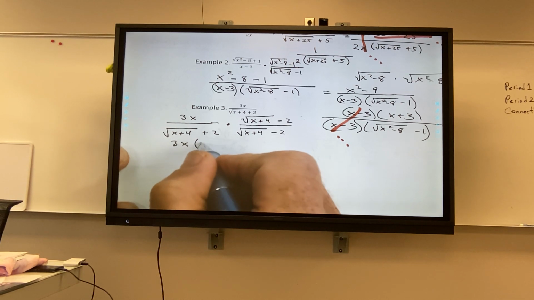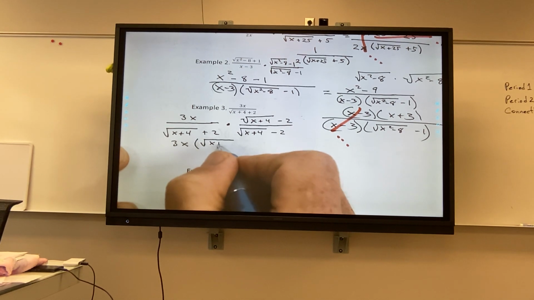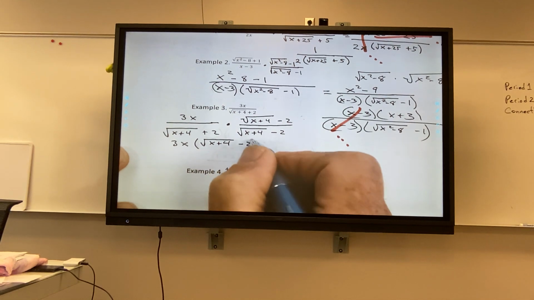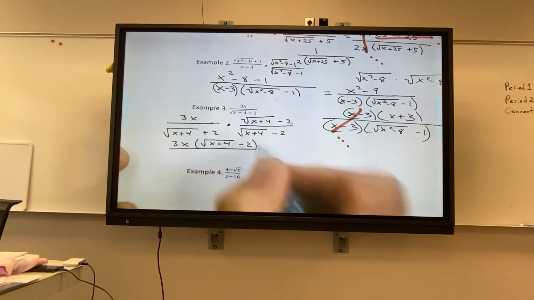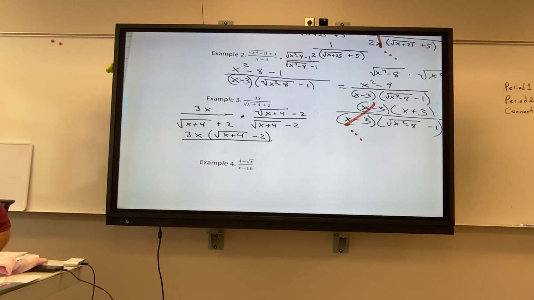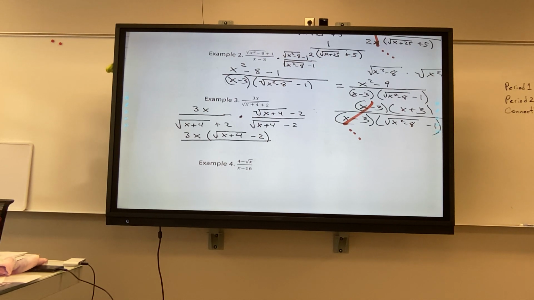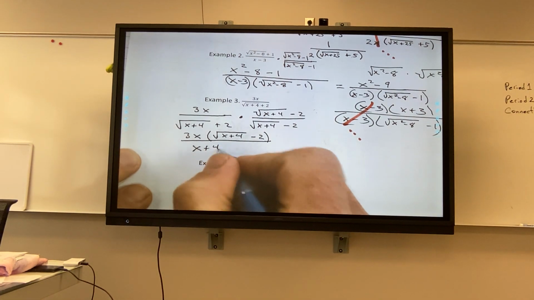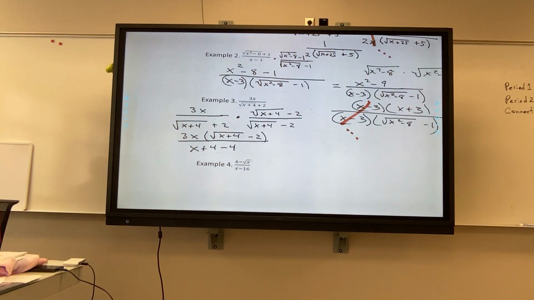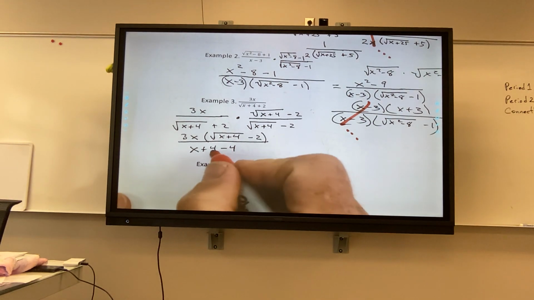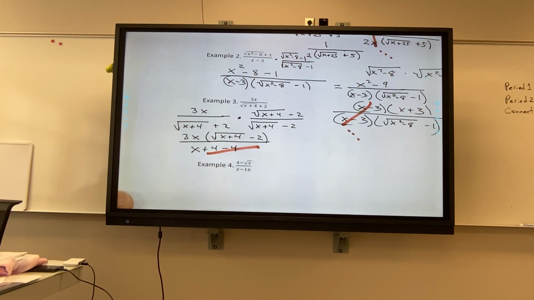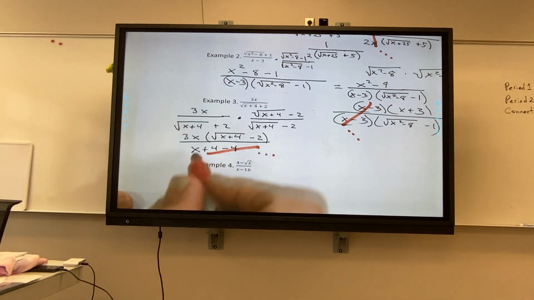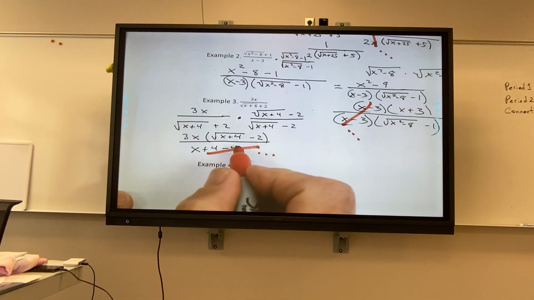Okay, Audrey on top, I'll do that. 3x times the square root of x plus 4 minus 2. And down here, what do I get? X plus 4 minus 4. Am I pleased with that? Well, 4 minus 4, bam, that's gone, right? Then I have x plus 0, correct?